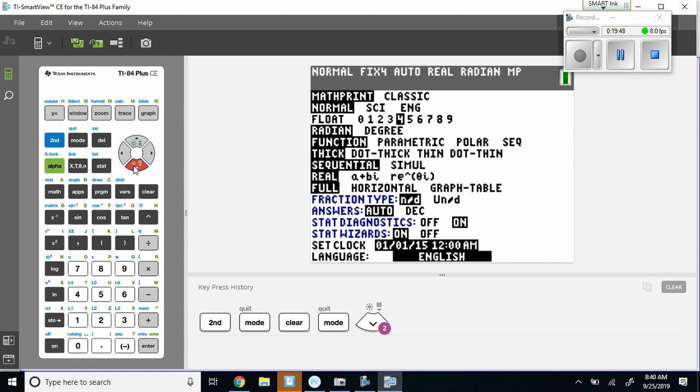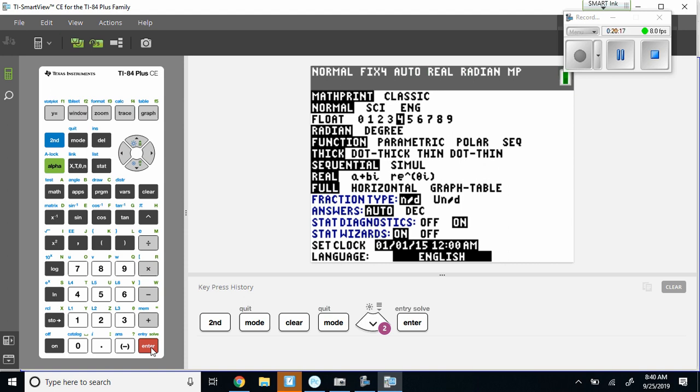You should see black rectangles around the word radian and not degree. If the black rectangles are around degree, move it over to radian, and it's flashing, and hit enter. Boom. It'll switch it. Is everybody's calculator in radian mode?